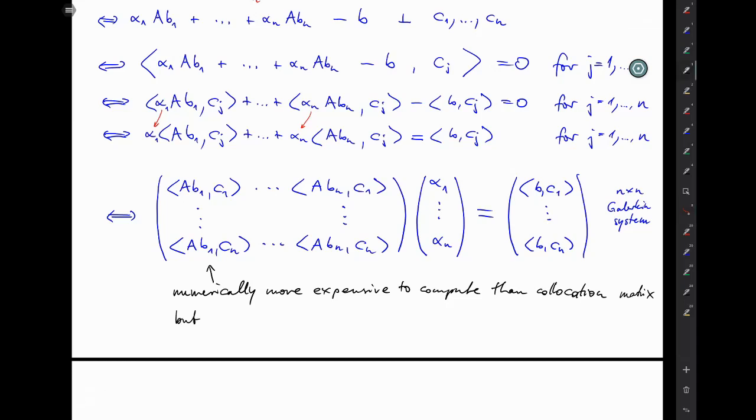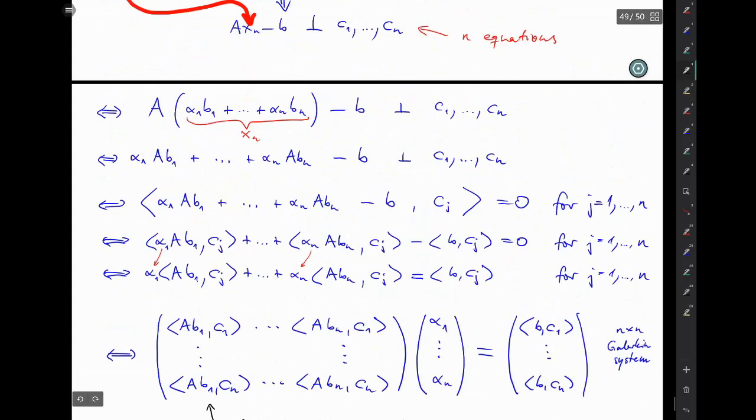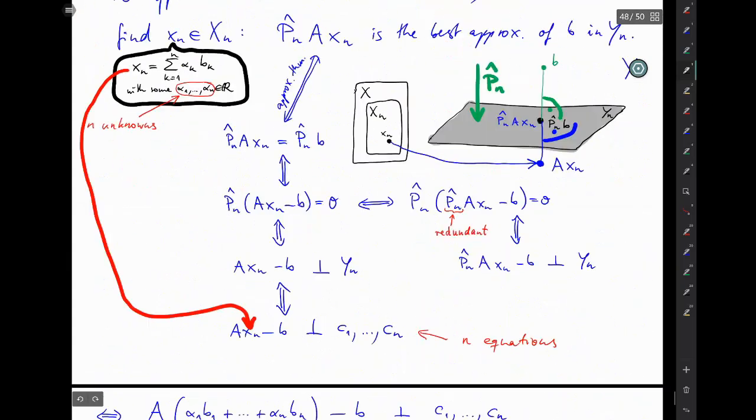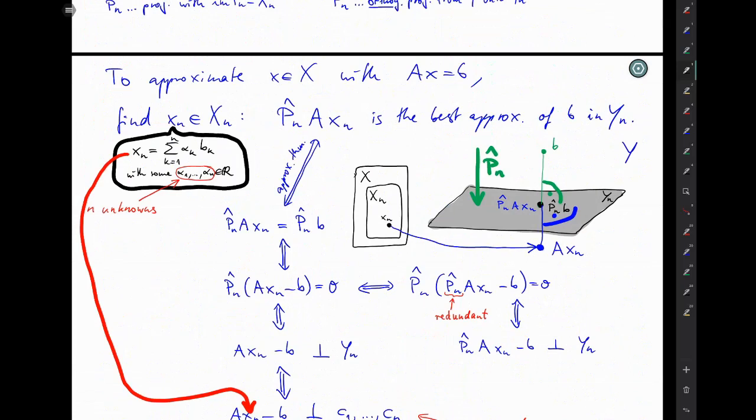But on the bright side, you get generally better convergence properties for the Galerkin method compared to the collocation method, essentially because Galerkin is working with these best approximations, and I mean, how can you beat that?